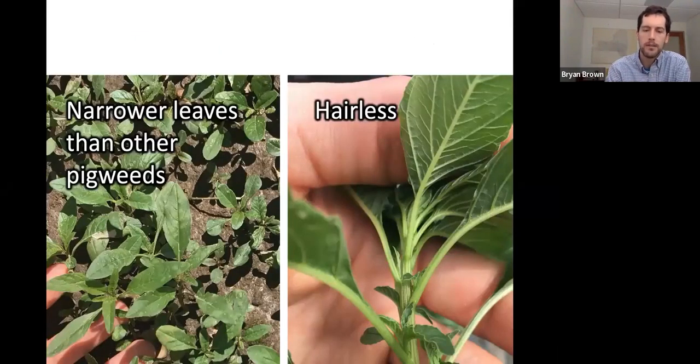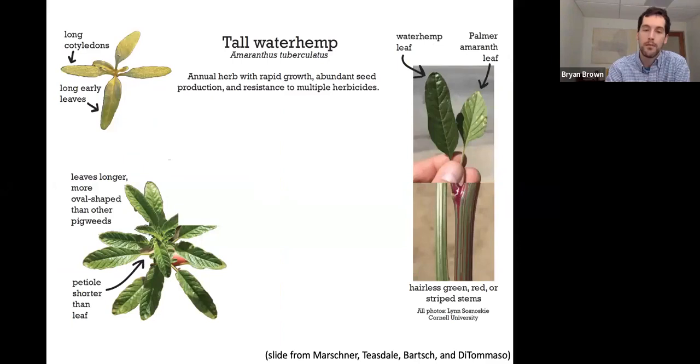Unlike some of our other newer problem pigweeds, this is tall water hemp. And I've done quite a bit of work with tall water hemp, and one of the keys to identification is these longer, narrower leaves compared to our other pigweeds.